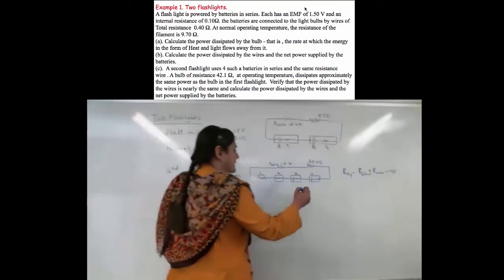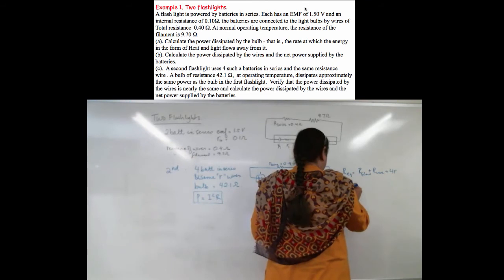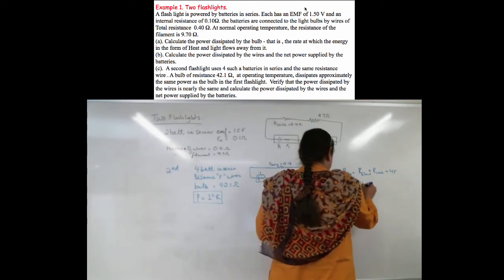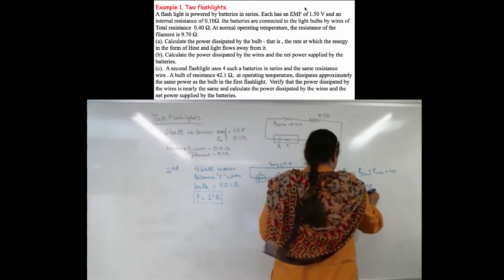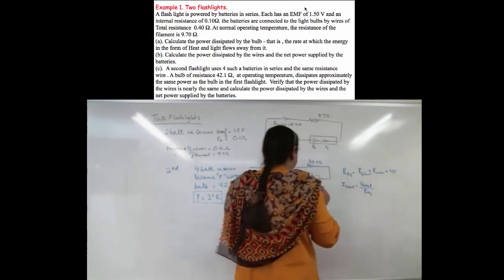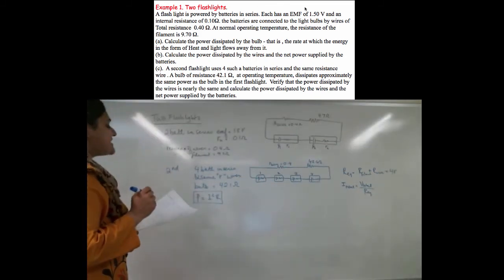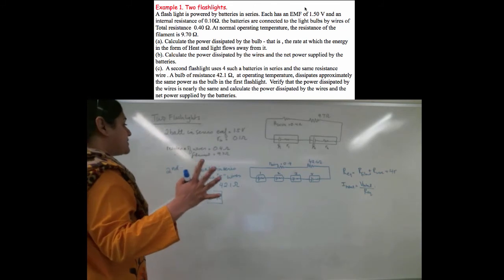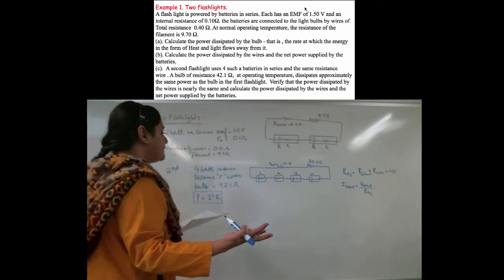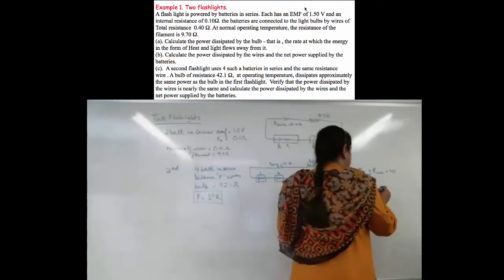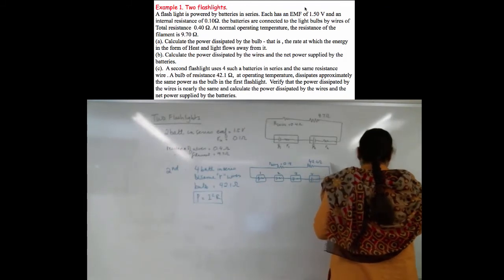And I will be nothing other than V total divided by R equivalent. So what is V total? V total is the sum, and since there are 4 batteries in series, it will be the sum of all 4 EMFs. So that would be 6 divided by R equivalent.